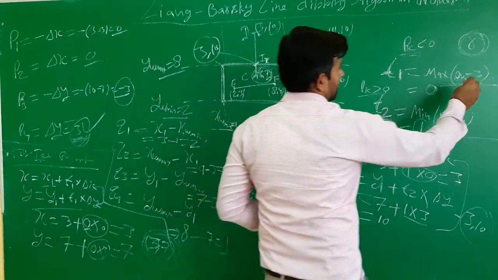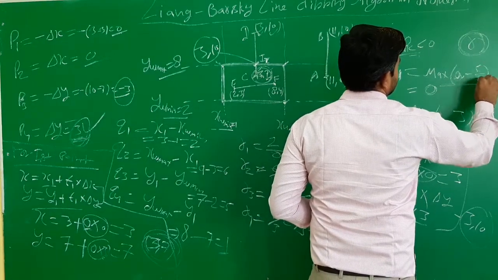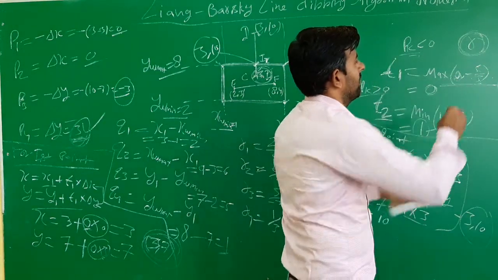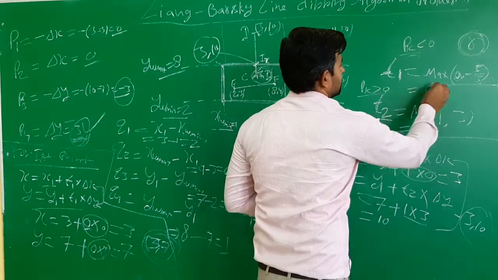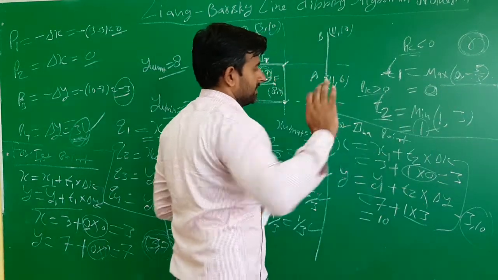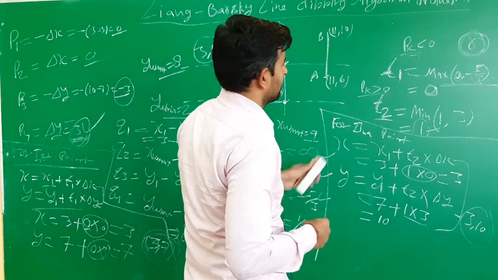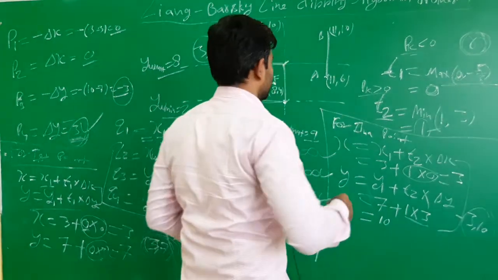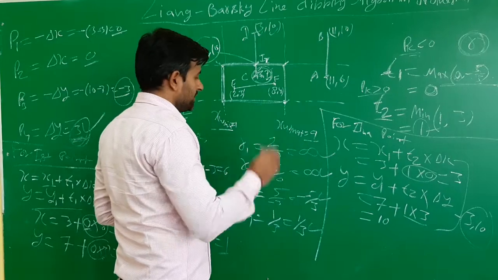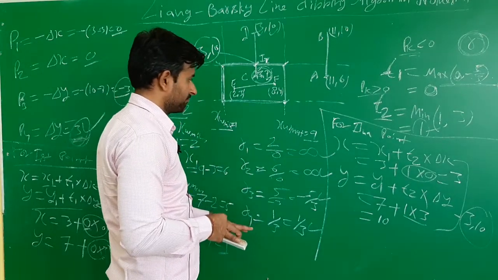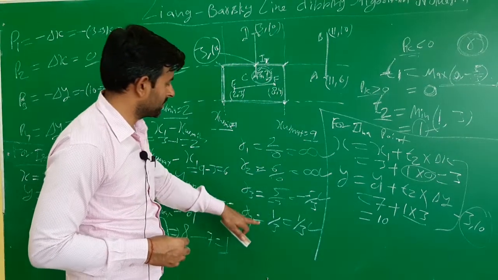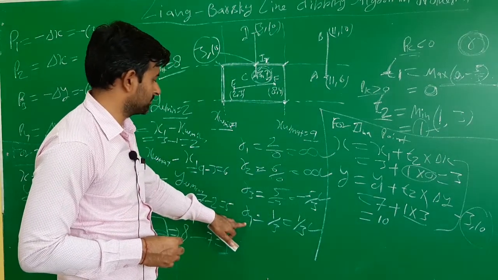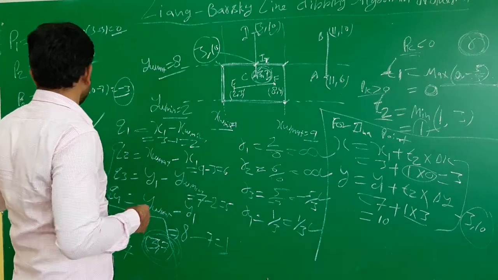Here we will take minus 5 by 3, and which one is maximum? 0. Then our 3's come equally. And then for T2 we will take the minimum value of 1 and R4.